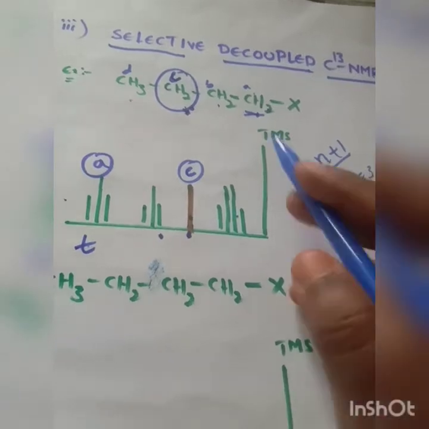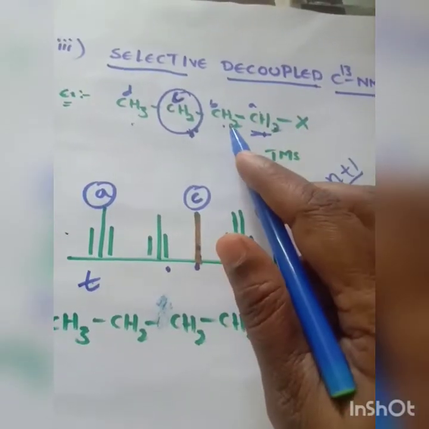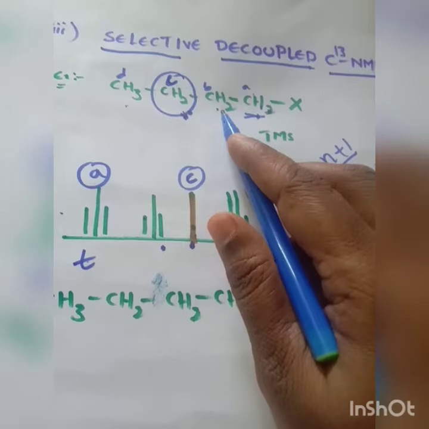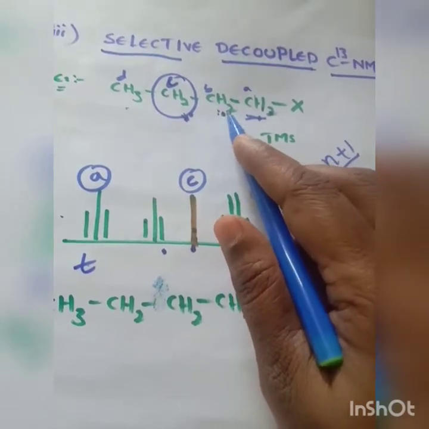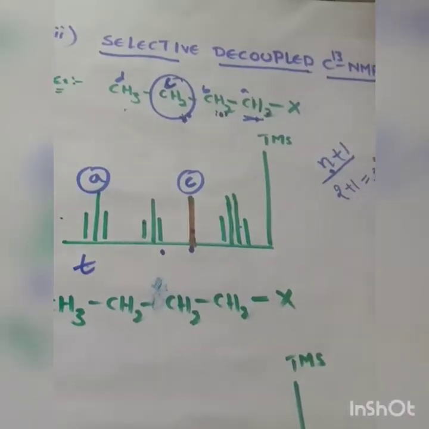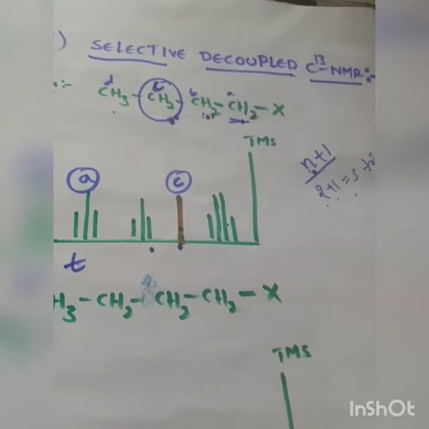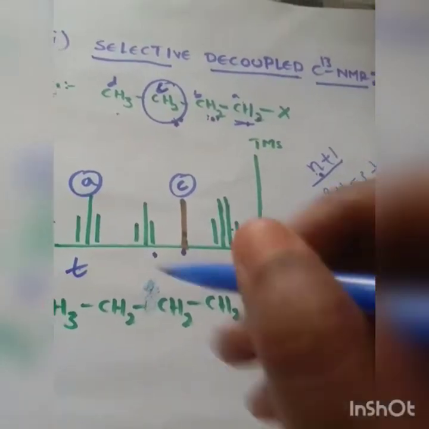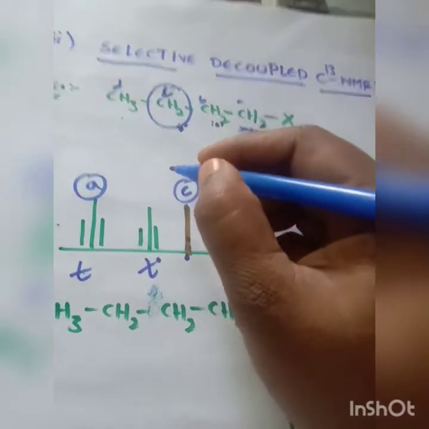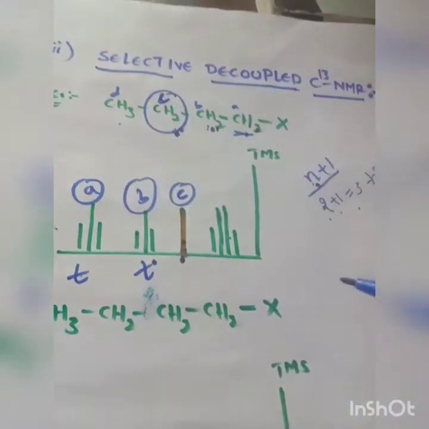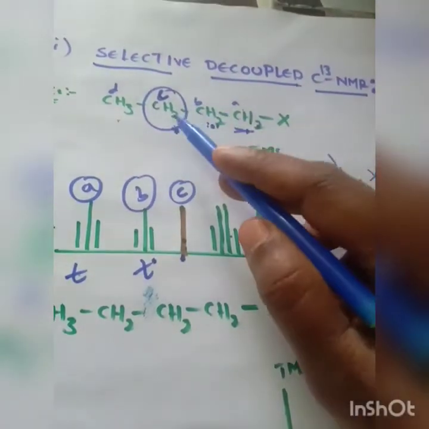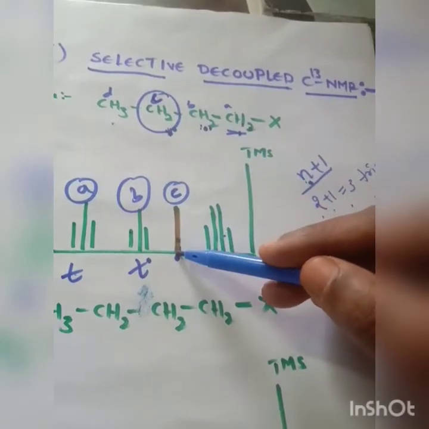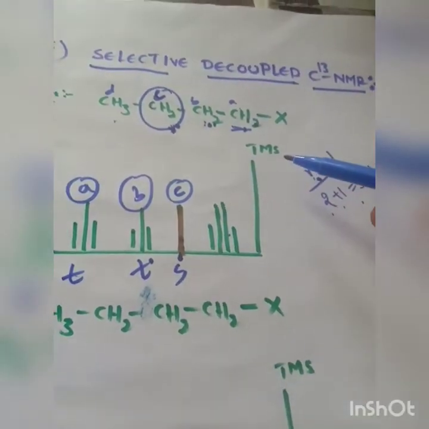For the B type of carbon also, 2 hydrogens are present. According to the n+1 rule, 2 plus 1 equals 3, a triplet. The third one is selectively decoupled and gives only a singlet.